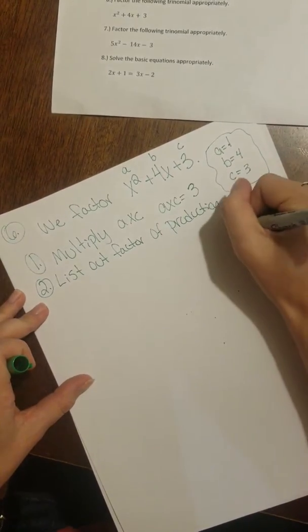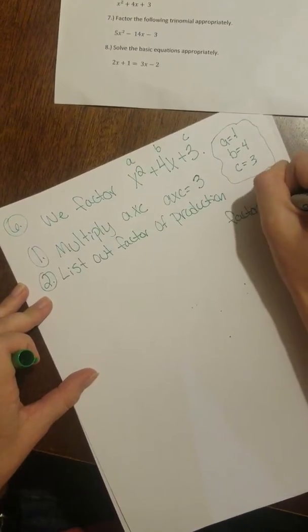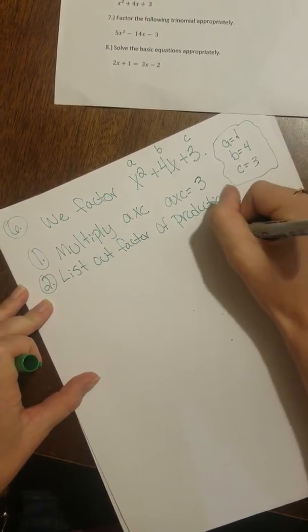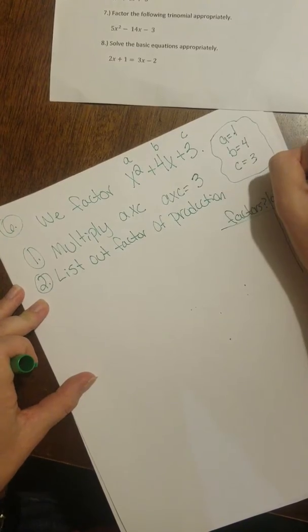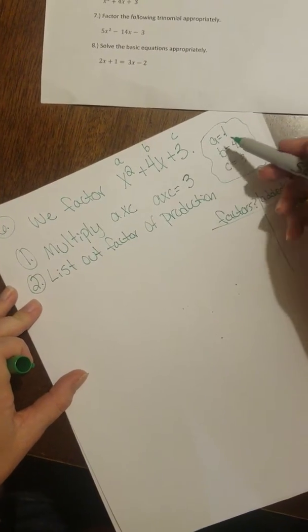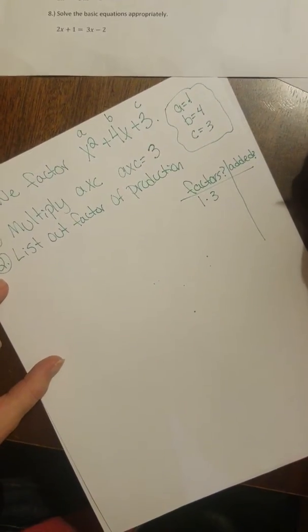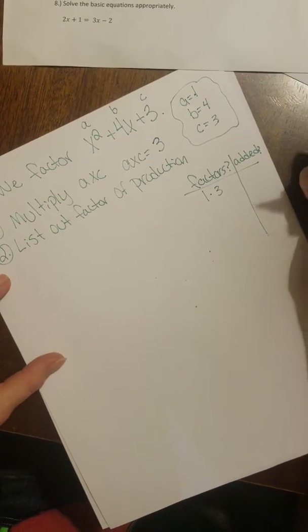Okay? So we're going to write our little list. Factors. And added. Okay? So all we can do is 1 times 3 because 3 is a prime number.